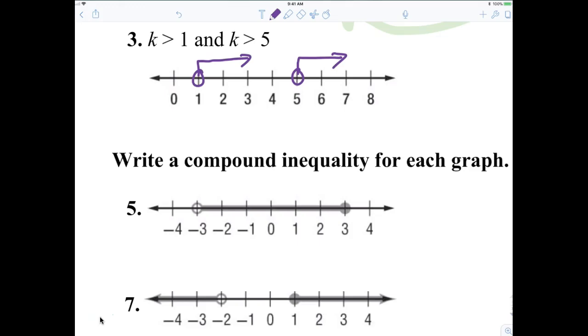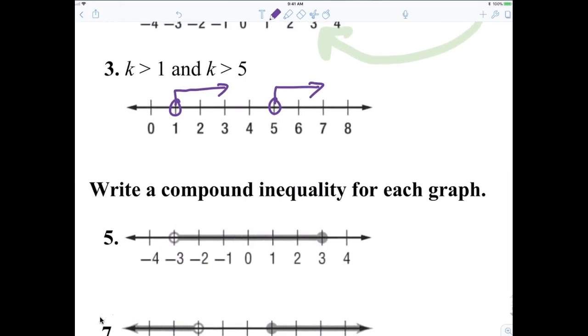If somebody says to you k is greater than 1 and k is greater than 5, everybody should be like, well, obviously that just means it's greater than 5. So the answer is 5 to infinity.